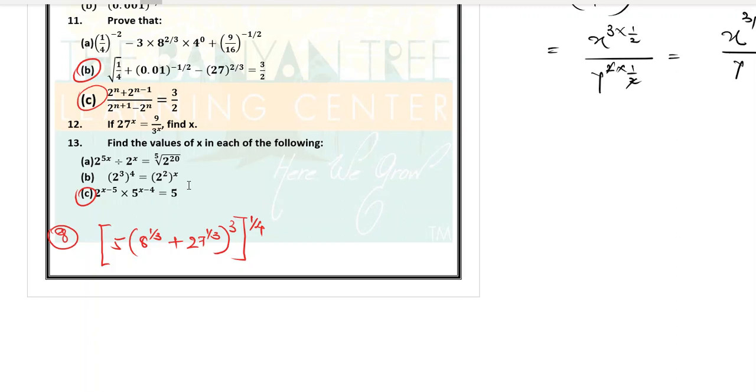Question number 11b. Root of 1 by 4 plus 0.01 raised to minus 1 by 2 minus 27 raised to 2 by 3 is equal to 3 by 2.